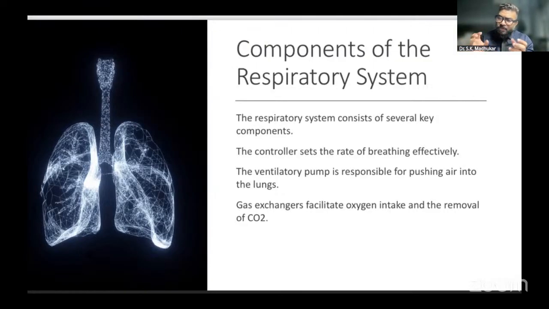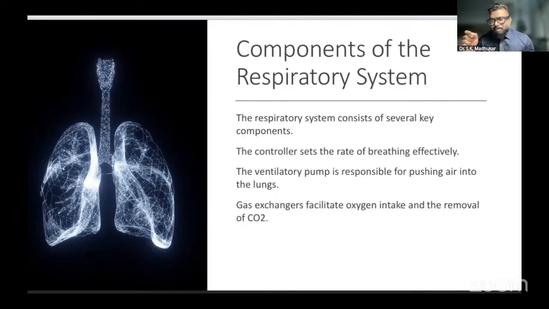So when we use mechanical ventilation, we need to take care of all these three components of the respiratory system. In a mechanical ventilator, setting the respiratory rate is not at all a big problem because of the engineering techniques that the ventilator has, and we set the respiratory rate. In mechanical ventilation, at least for oxygenation, we have supplemental oxygen to give to the patient.